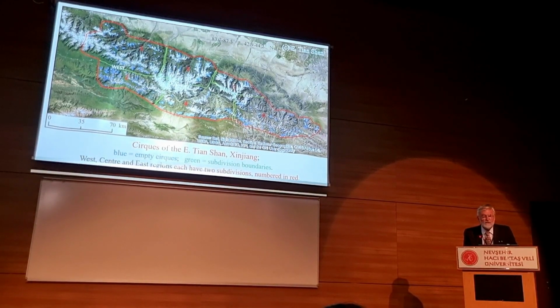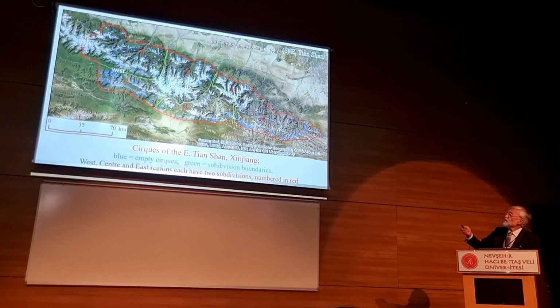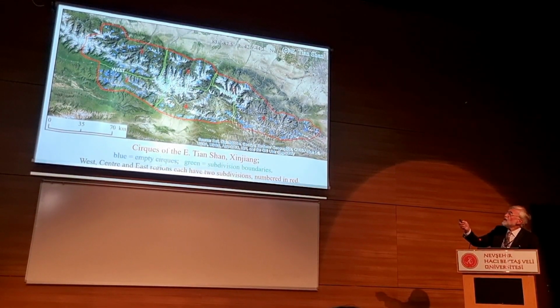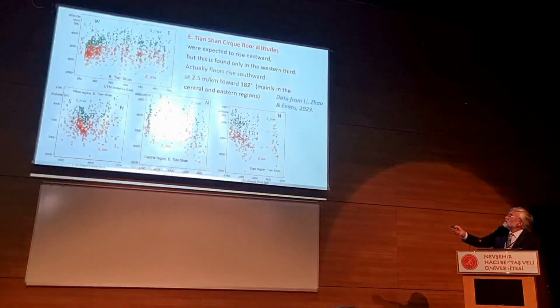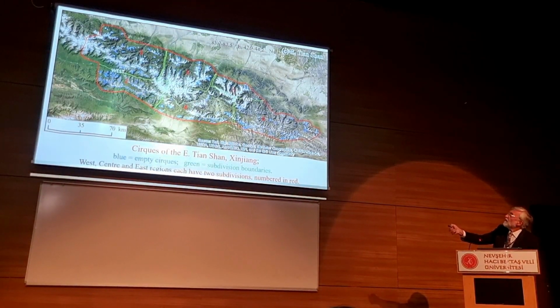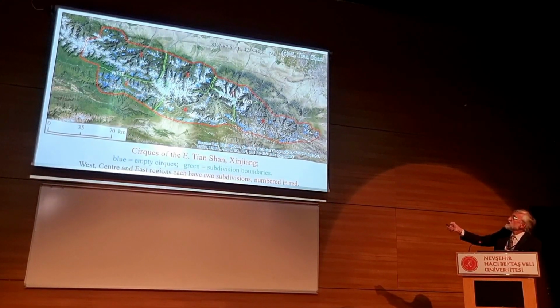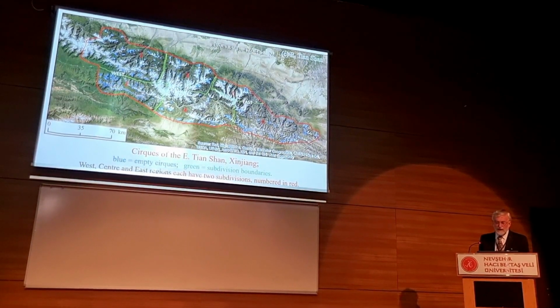Moving on quickly to the Tian Shan, the eastern part of the Tian Shan has this west-northwest, east-southeast trend, and so we divided it by these double lines into west, central and east regions, and by single lines into smaller sub-regions.